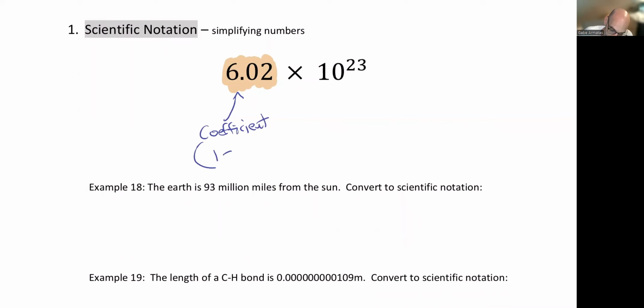You always have one number in the ones place, nothing in the tens place, and not a 0 there. So you should always have a number between 1 and less than 10, with something only in the ones place. Another thing about this is all of these figures are significant.